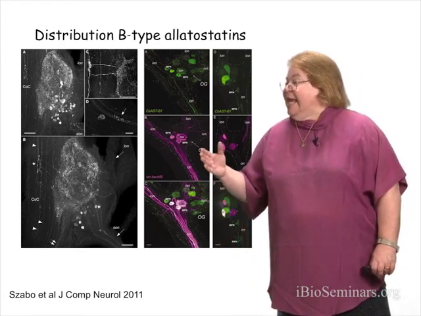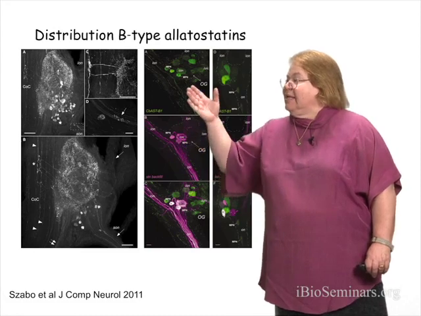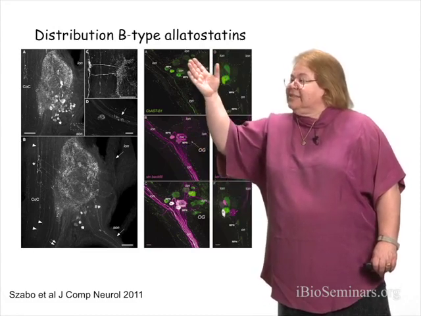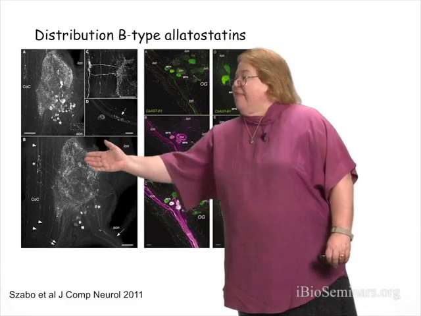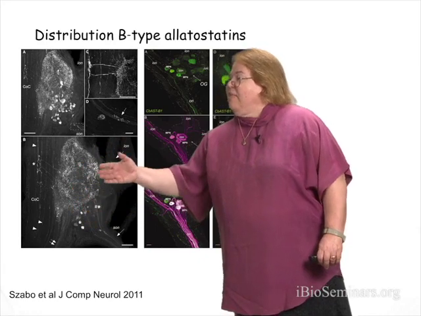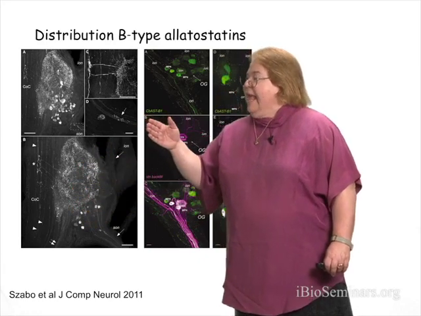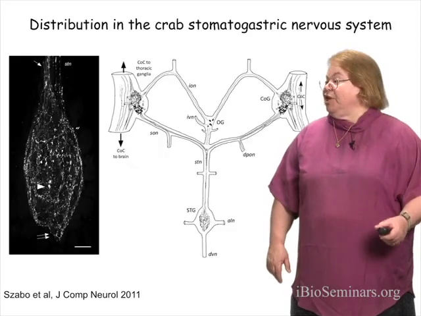And this is what those data look like. This just happens to be an antibody that was raised against B-type allatostatins. The identity of the peptide is not terribly important, but you can see that there are beautiful cells that we're staining in those anterior ganglia, and then projections into the stomatogastric ganglia that I'll show you here.